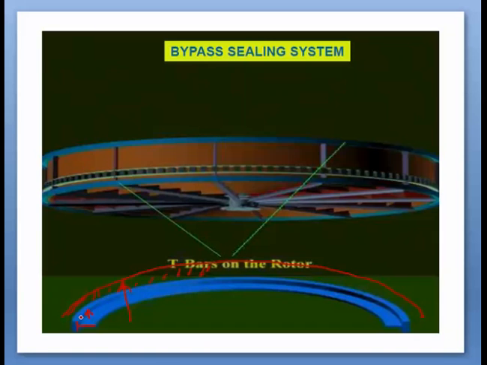By providing this T or this extended portion, it prevents the leaking of air or flue gas through this passage. So that prevents the bypassing of air and flue gas without coming in contact with the heat absorbing element.